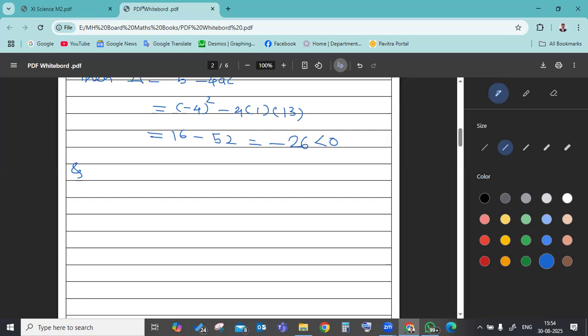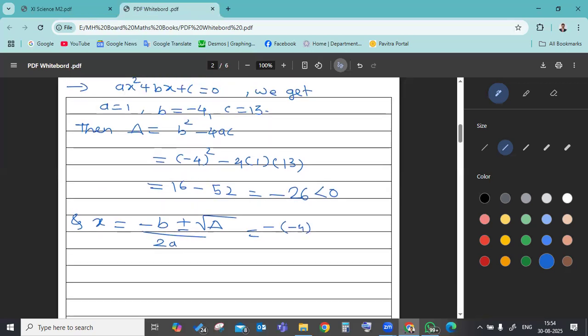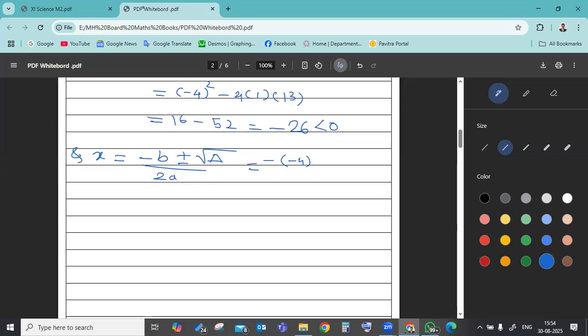And x is equal to minus b plus or minus square root of delta upon 2a, which is equal to minus of minus 4 plus or minus square root of minus 36 upon 2 into a.